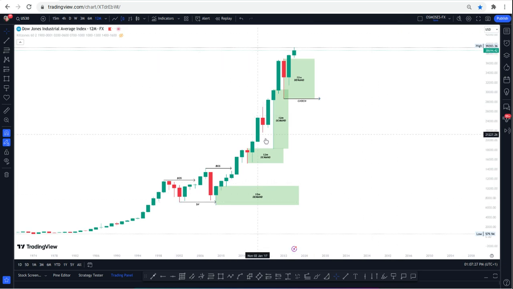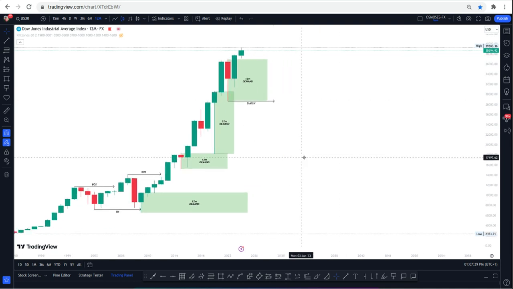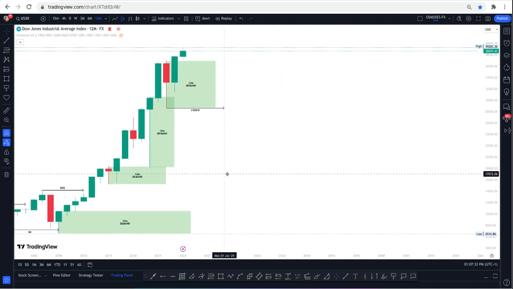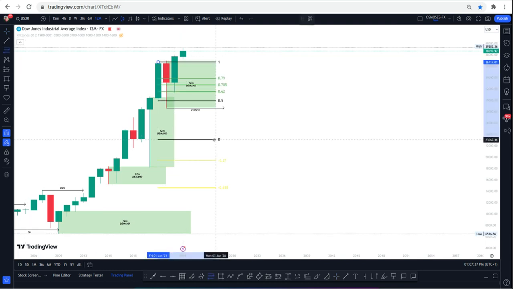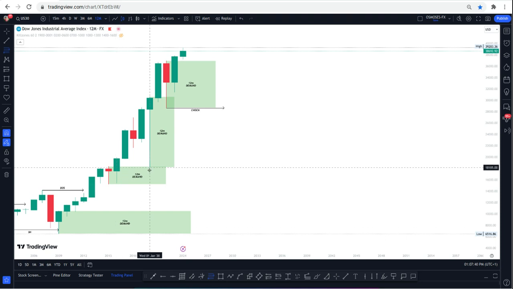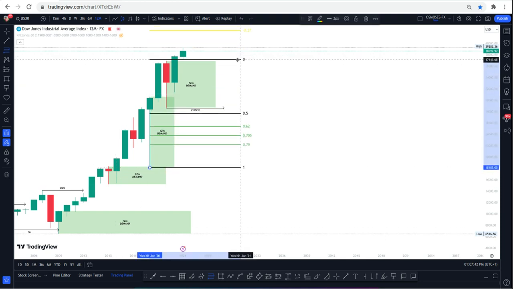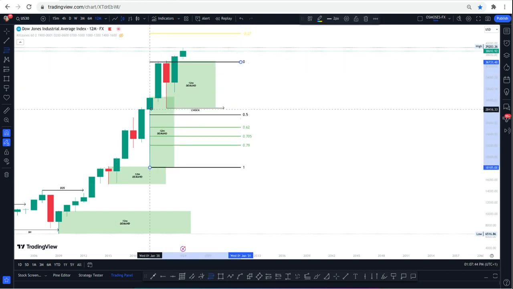So now looking at this, I'm still bullish. Let me say this is the low, and this is the high. Price didn't tap into this zone, but price tapped into this.